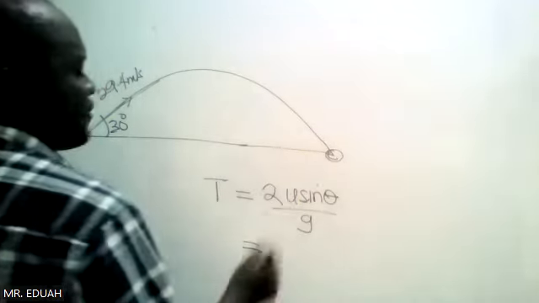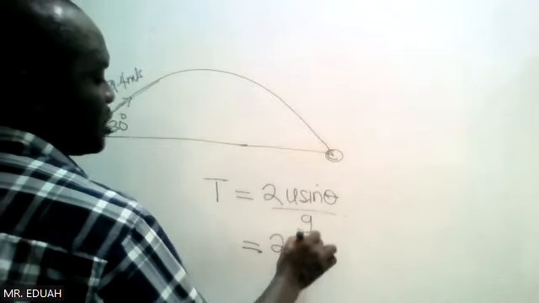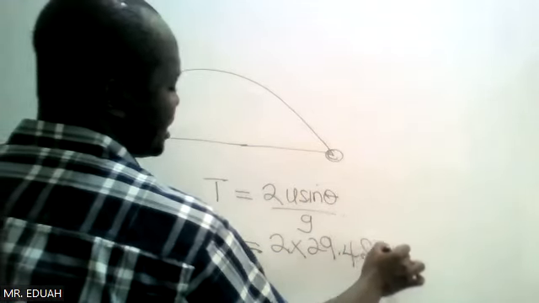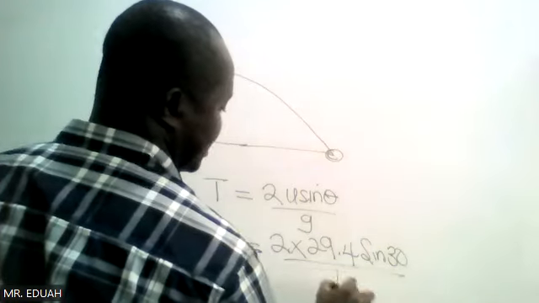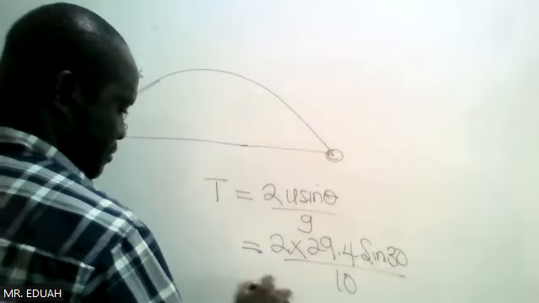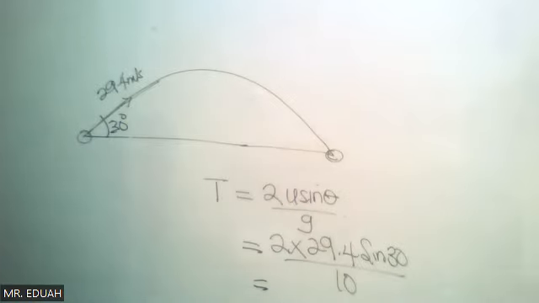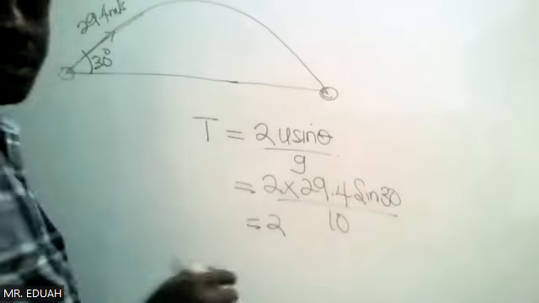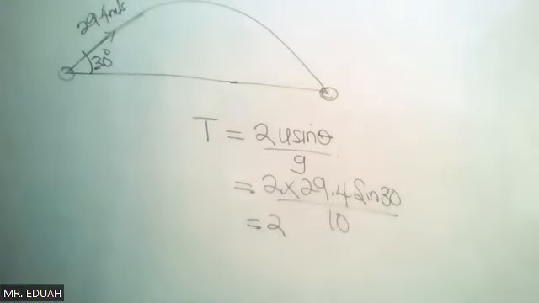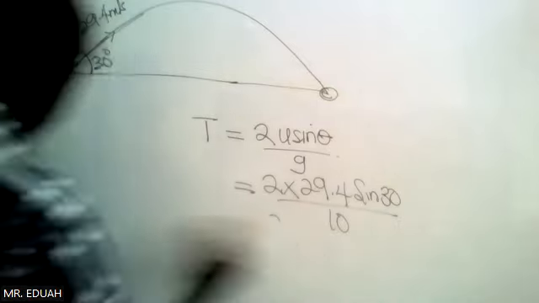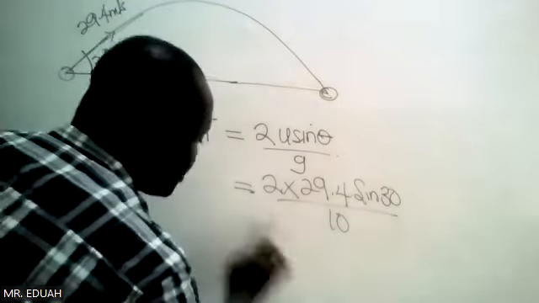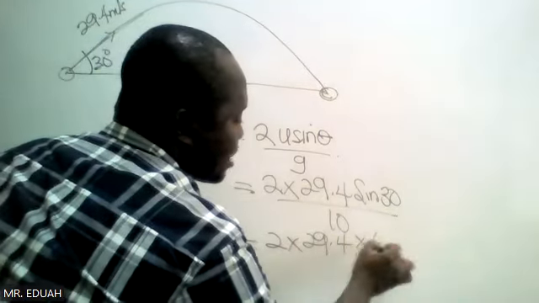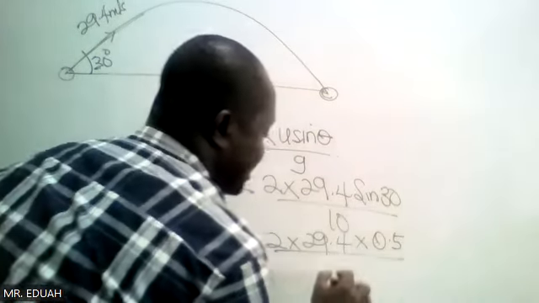Since we have u and theta, 2 times 29.4 times sine of 30 divided by 10. Sine 30 is 0.5, so this will be equal to 2 times 29.4 times 0.5 divided by 10.